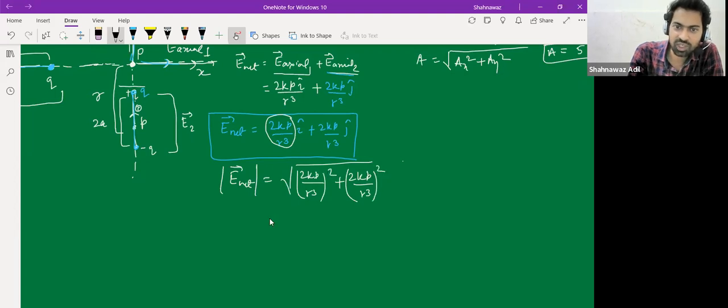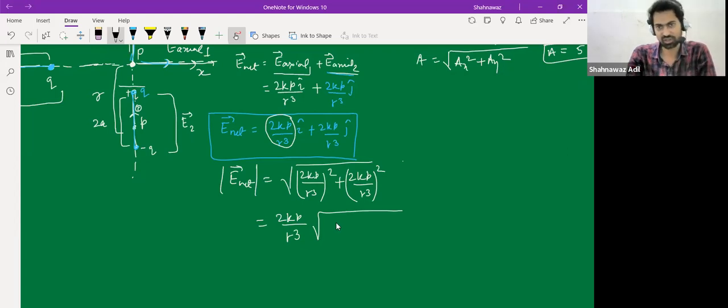This is common, so we can take it outside. I have taken the square outside of the root, so what is left here?